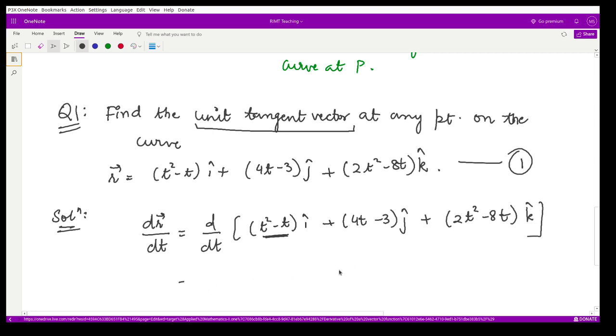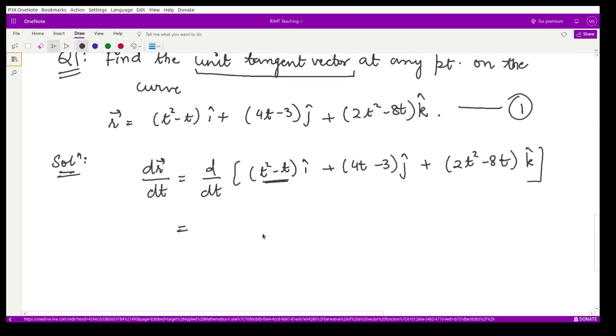So that would be equal to (2t minus 1) i cap. The derivative of t square is 2t, of minus t is minus 1, and then 4t, its derivative is 4, derivative of minus 3 is 0, and then derivative of 2t square is 4t minus 8, into k cap.